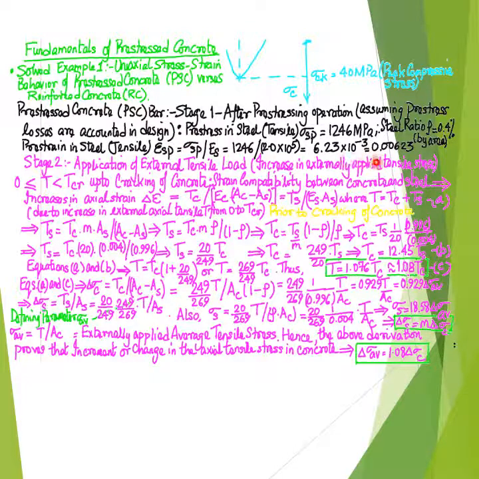That was found to be 6.23 into 10 to the power minus 3 or 0.00623.